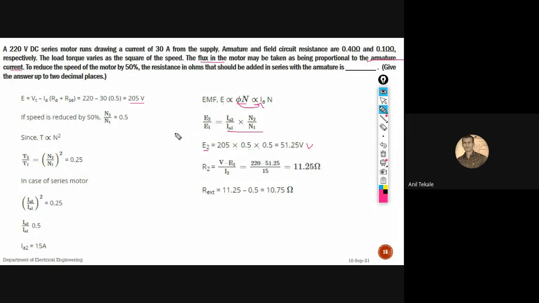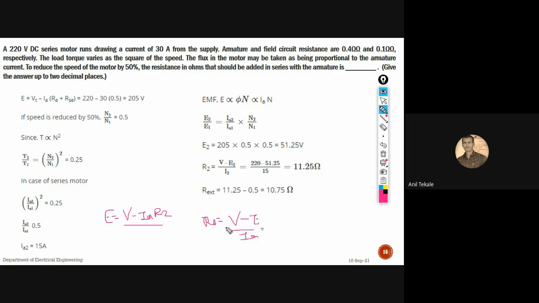Now we have E1 and E2, right? But as we know, E is equal to V minus Ia times R2. From that equation we can solve: R2 is equal to (V minus E) divided by Ia.